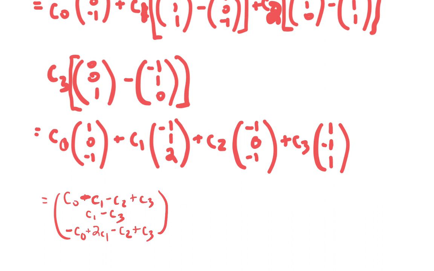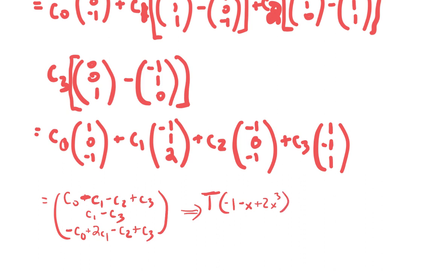So for example, and this will be the last thing, let's say we take the transformation of negative 1 minus x plus 2x cubed. There's no x squared term.